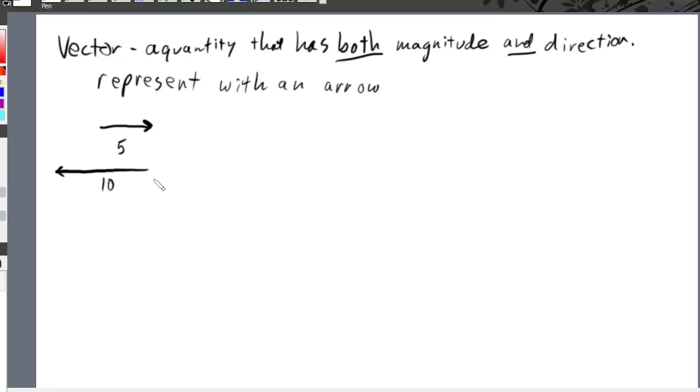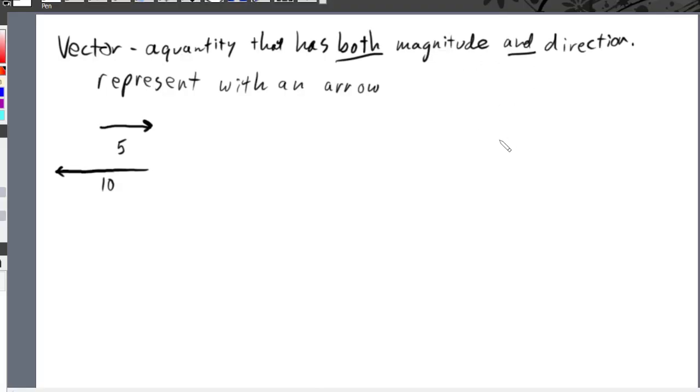If we called left negative, this would be like a -10. So we can also represent the amount and the direction just with signs and numbers.